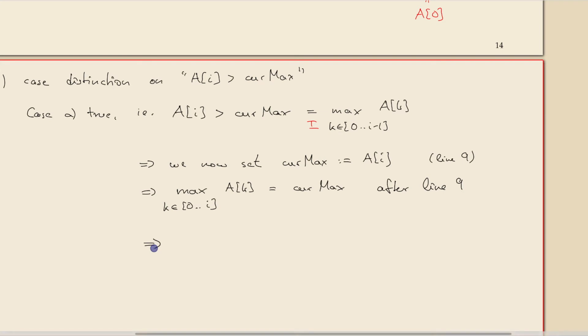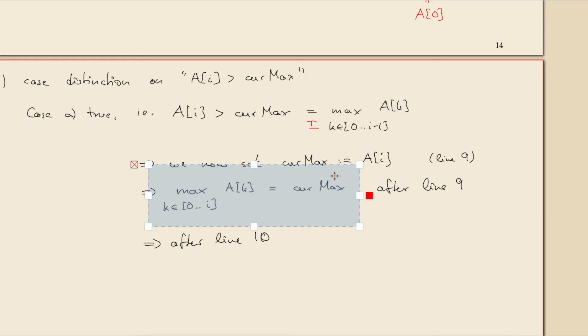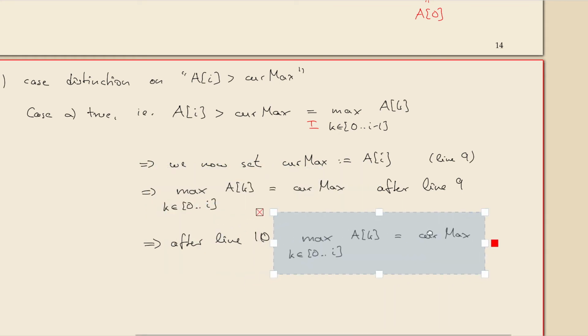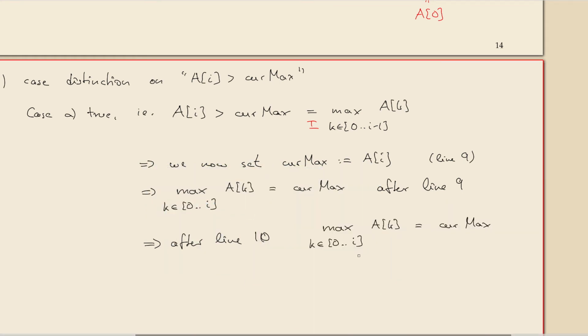And so once we set I to I plus 1, we'll have the same thing, but with an I minus 1, because this is now actually one bigger, okay?